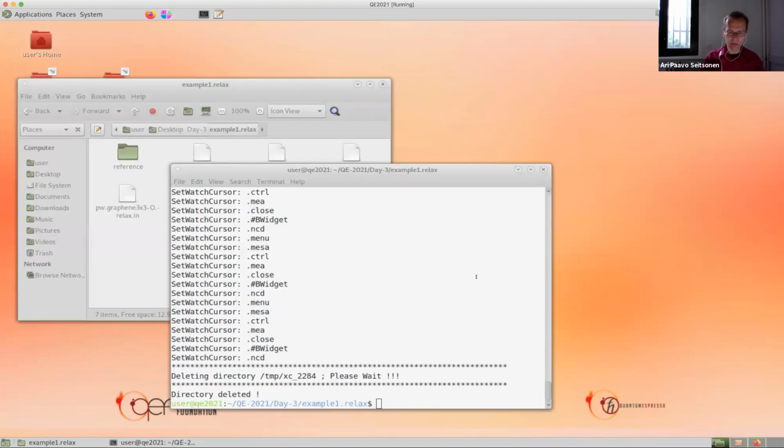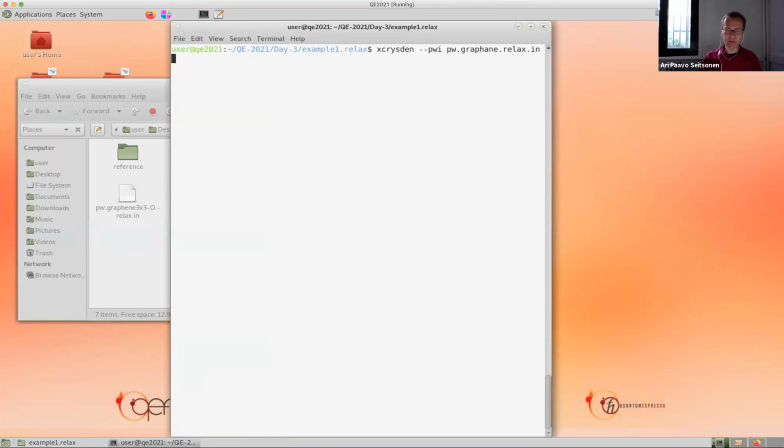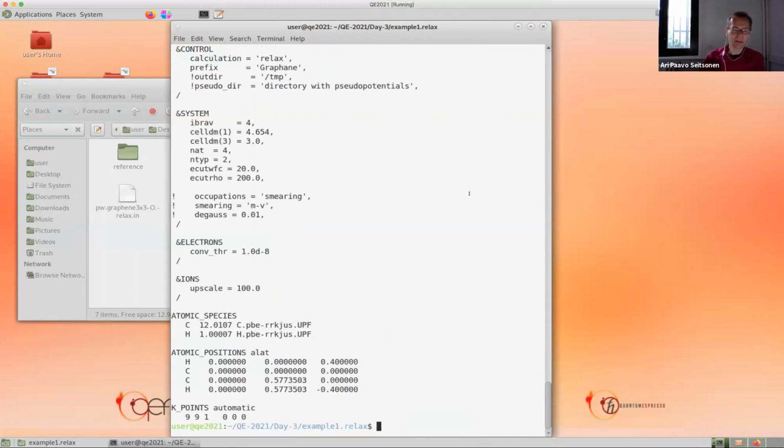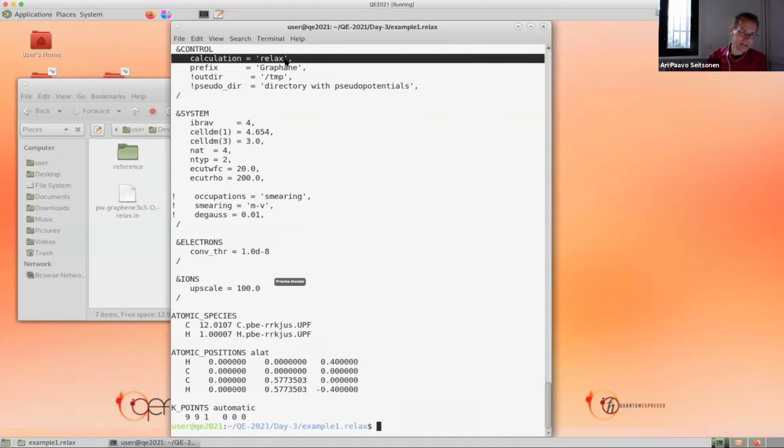So that was the structure. Now let's have a quick look at the input. By now you are almost experts in looking at the input. So now we have the calculation mode is relax. I should mention that in this one, we are still keeping the lattice constants, lattice vectors fixed.